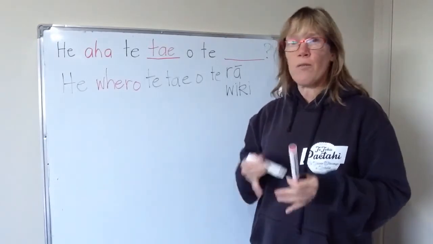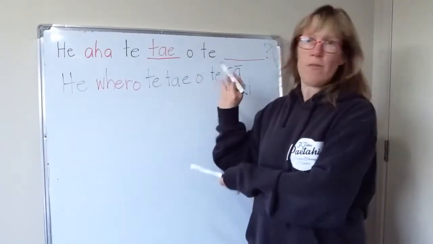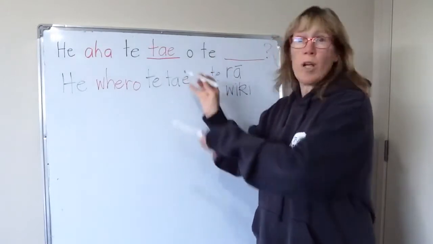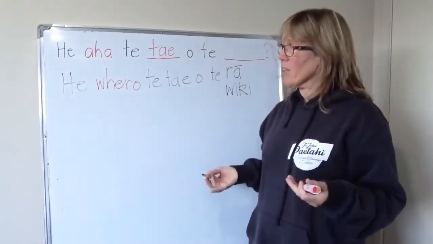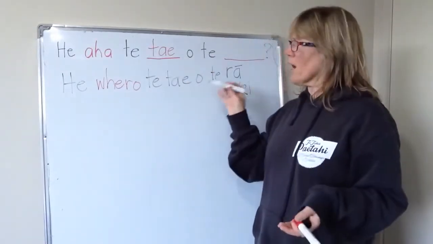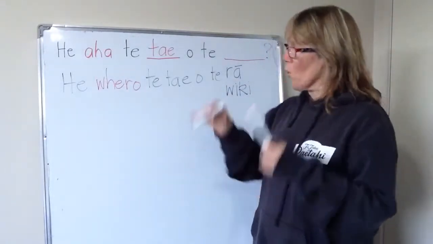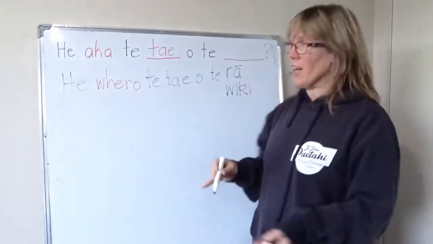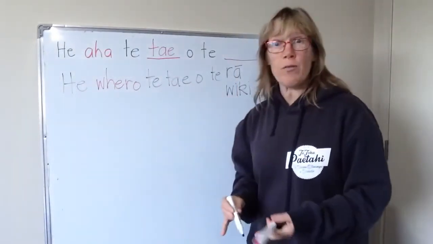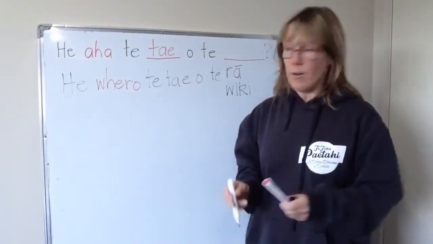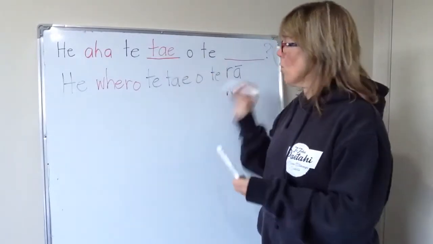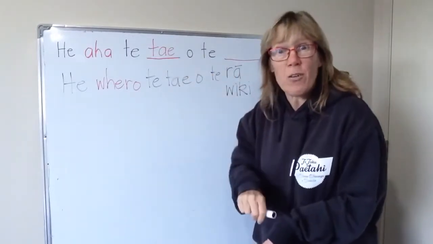And then the follow on from that is not just to have that up there, but talking about it, being able to say it, asking, he aha te tai o te rā? Oh, kōwhai, or he kōwhai te tai o te rā, and then maybe looking for things that are yellow. He aha te tai o tēnei, what's the colour of this?